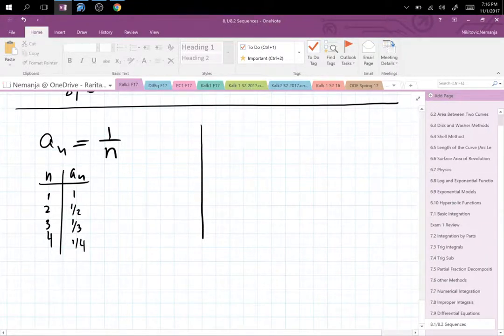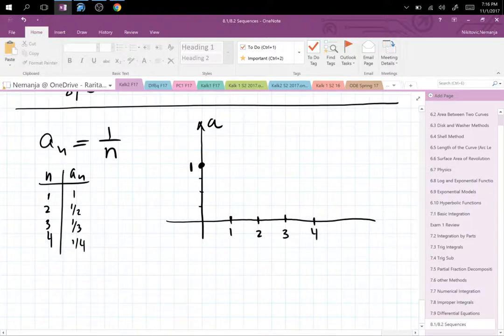I'm going to pick now four units to be 1. And on the x-axis, maybe 2 units to be 1. So I have 1, 1.